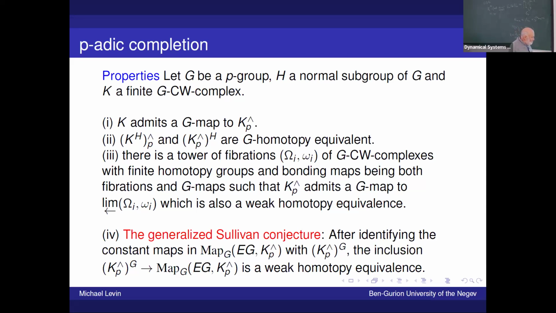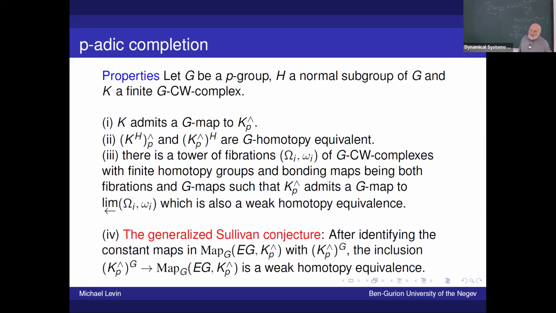It says that if we consider the space of all equivariant maps, I'm talking about this map_G, where Map means maps from one space to another, G-maps, equivariant maps from EG to the p-adic completion of P with the compact-open topology. This is EG.